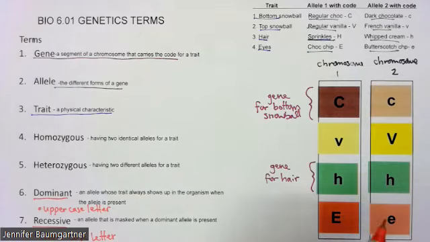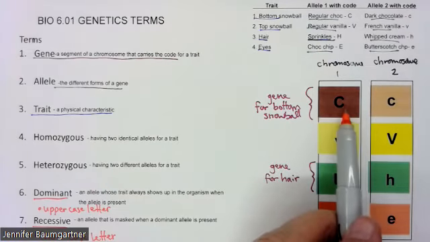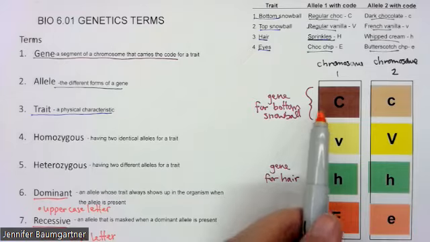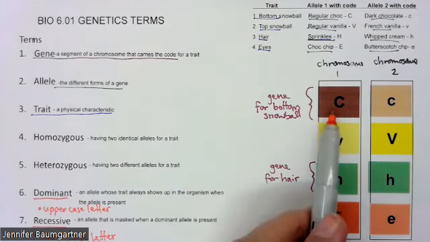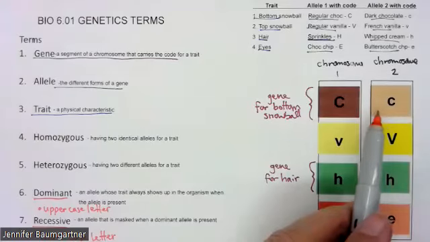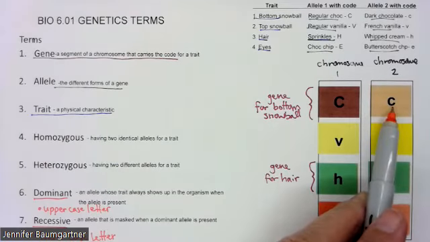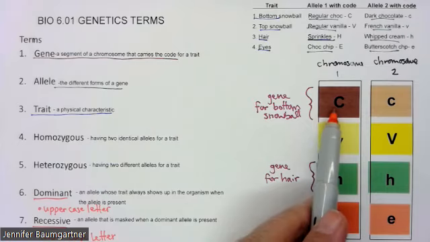So this is how this would play out. If we look at this snowman's alleles for his bottom snowball, we would have the option of having a regular chocolate or a dark chocolate ice cream. Dark chocolate is the light brown with the lowercase c.